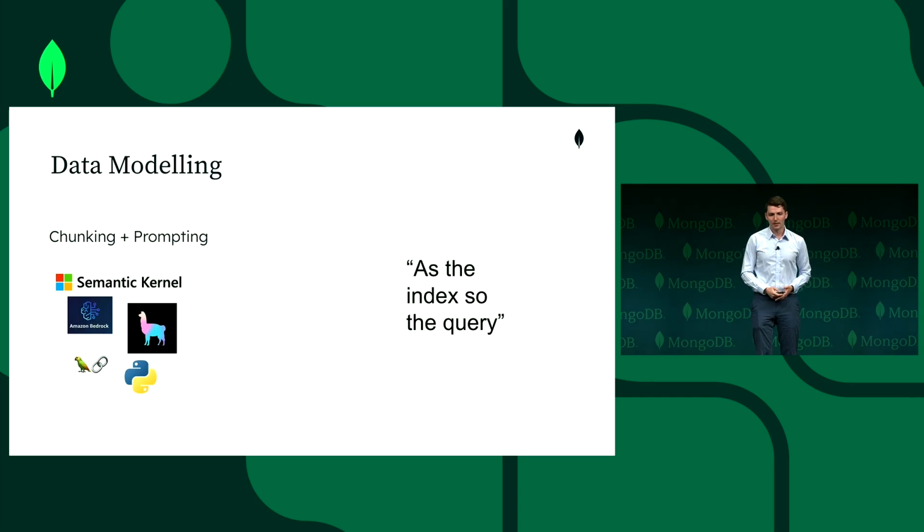Data modeling is more than just chunking and prompting. You have an idea of what an index is and an idea of what a good query could be, but you cannot get to that query without ingesting the right types of data.